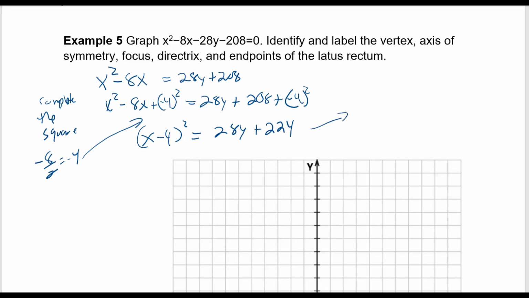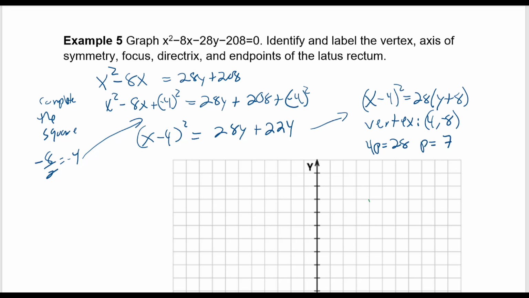So I'm going to have x minus 4 squared equals 28 times y plus 8. So that means our vertex is going to be at 4, -8. And we have 4p equals 28, so p must be 7.